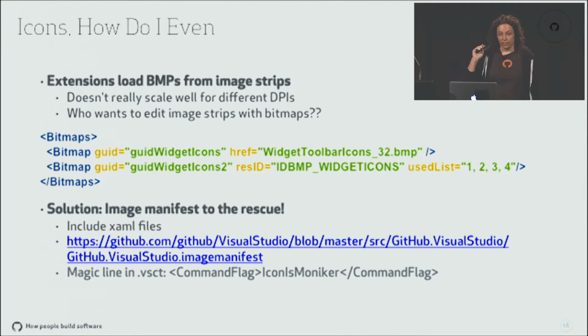So they were very nice and actually gave me their solution, which is now documented and up somewhere, buried in MSDN, which is a magic manifest file where you can just link to your XAML icons. And they will just load them and render them at whatever DPI you happen to have, and it will always look pretty. And then you put a magic entry in the VSCT file that defines your menus or icons and say, icon is moniker, and magically it works. Total magic. Like, I don't want to see this ever again, it works. Done.